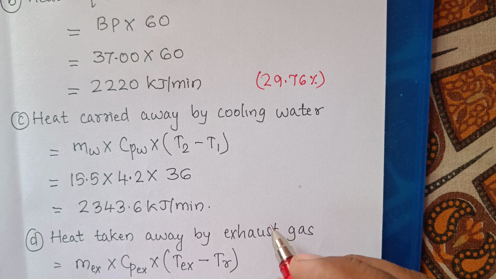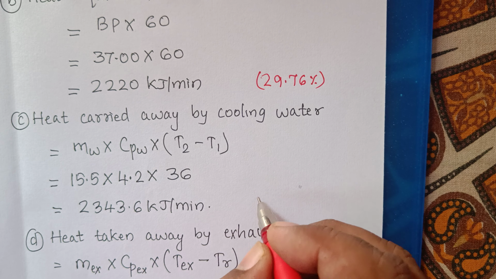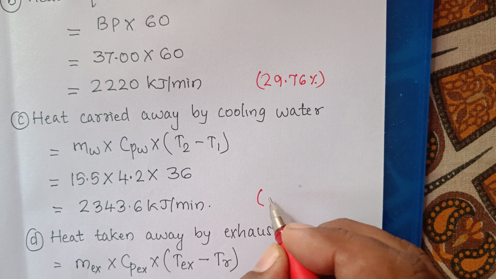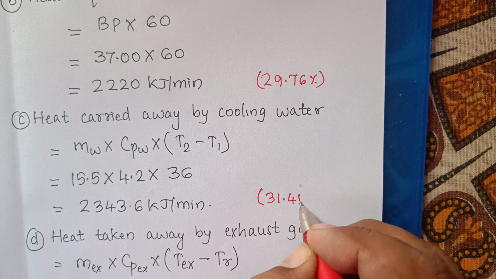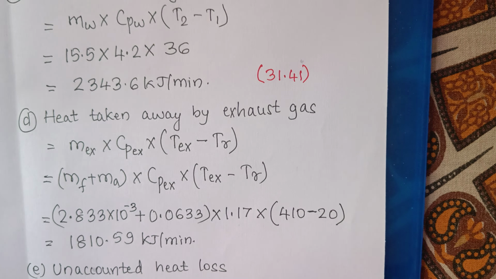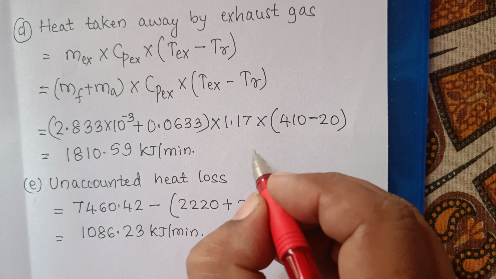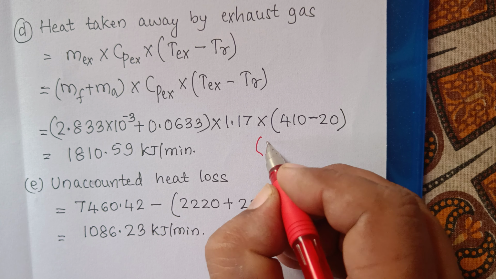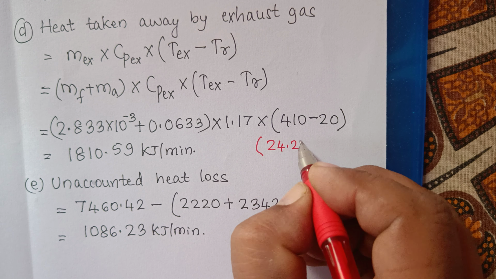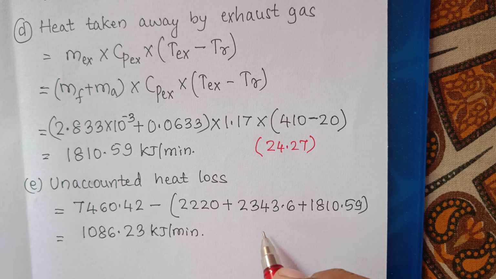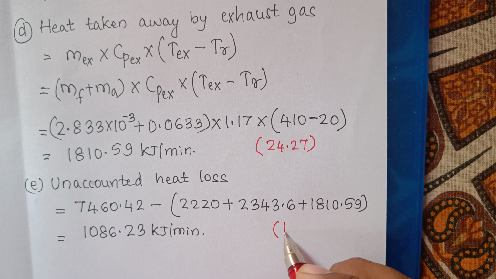Next, heat carried away by cooling water is 31.41%. Then next, heat taken away by exhaust gas is 24.27%. And the last one, unaccounted heat loss, is 14.56%.